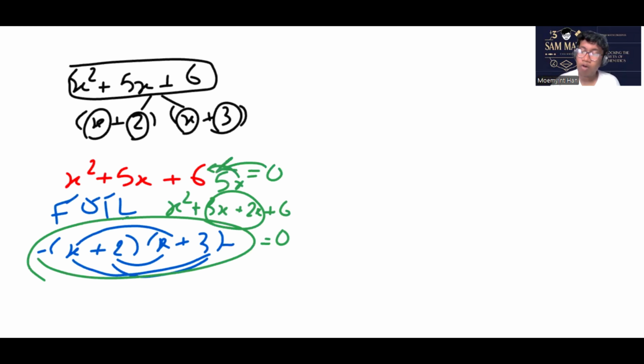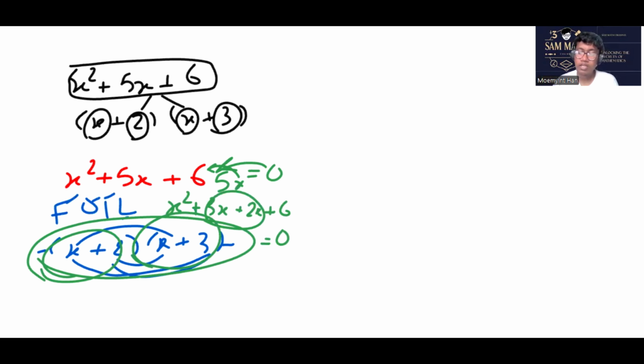Each part of this term equals 0, and then we find two solutions from this. Today I'm going to show how to factorize it properly. There are a lot of ways to factorize, and the one I'm going to use today is the cross-out method, and I'm going to show you in detail in today's video. Okay, let's take a look.